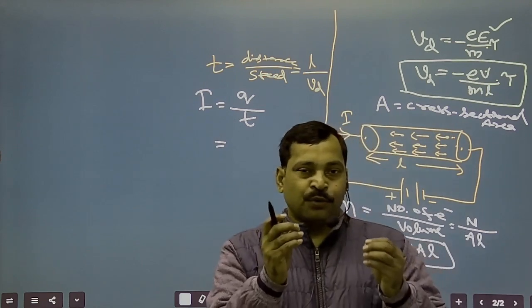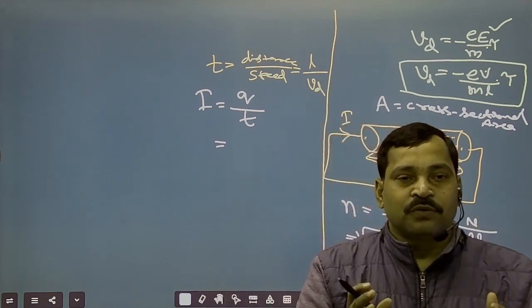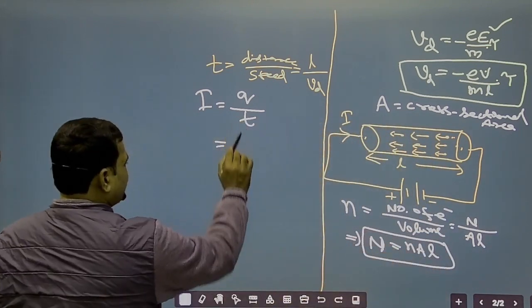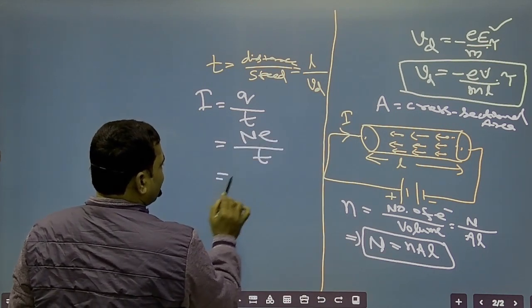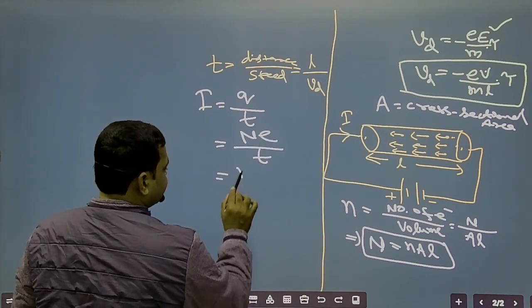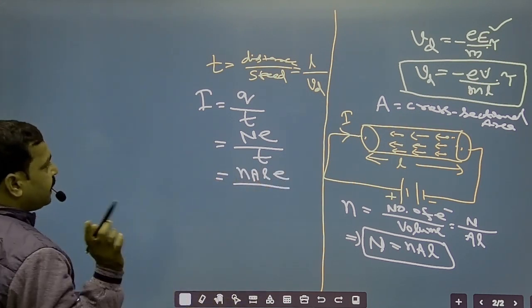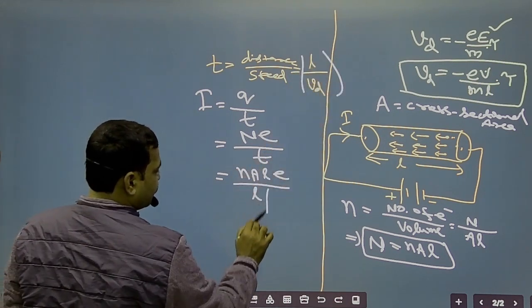So if N total electrons are available, then the total charge will be N into e. So here the total charge will be N e upon time. So by putting all these values, we will get nALe upon t. So for t, we can put this value, L upon Vd.